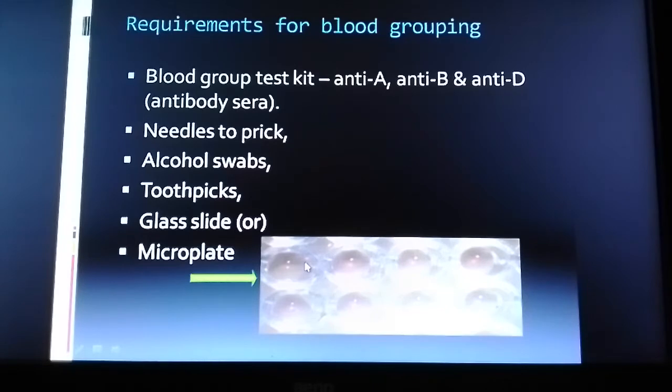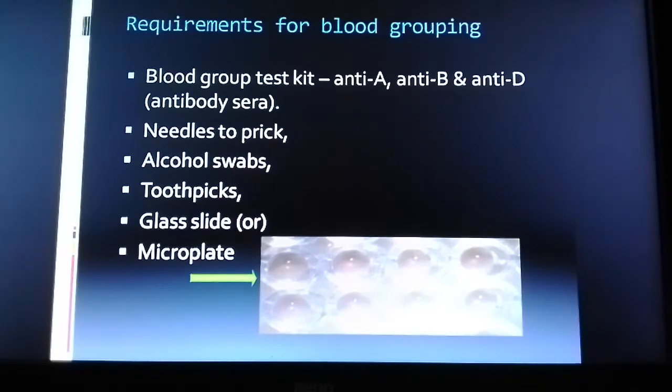Then with the help of a needle you can prick the cleaned finger, and pour the blood samples onto the antisera: the first cavity with anti-A, the second with anti-B, the third with anti-D.